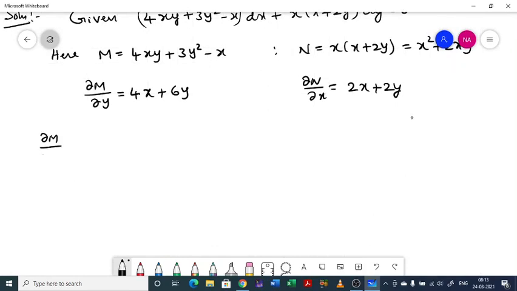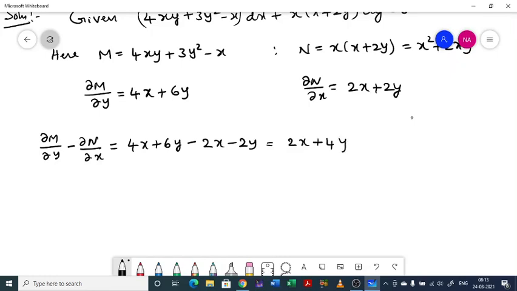So you have to consider the difference. ∂M/∂y minus ∂N/∂x equals 4x + 6y minus (2x + 2y). So it will be 2x + 4y.